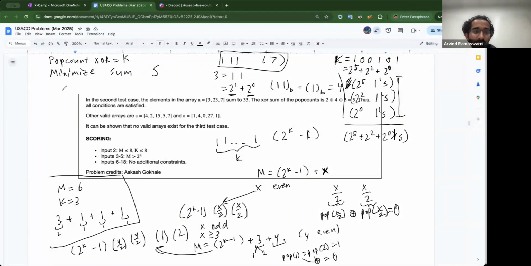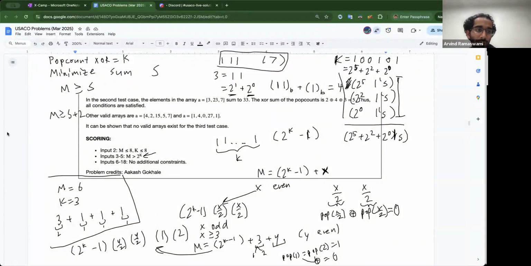So we need to have M greater than or equal to S, right? And then we can proceed similarly to how we did earlier. If M is at least S plus 2, which is basically what we did in this version, either the difference is even, where we can break it into 2 equal parts, or the difference is odd, where we can break it into 3 plus something that's even.